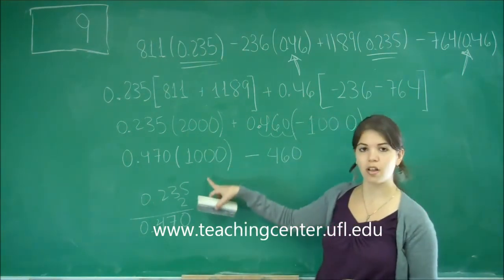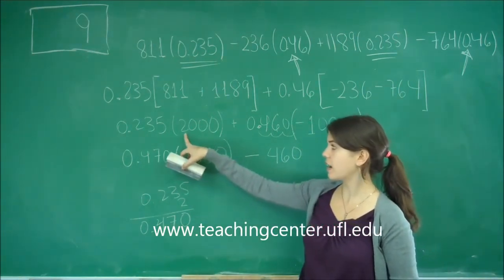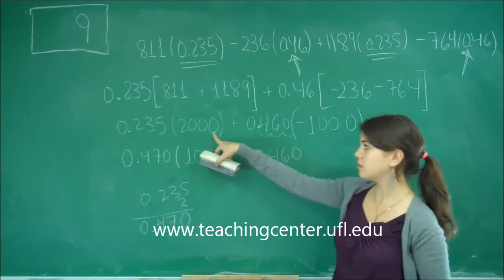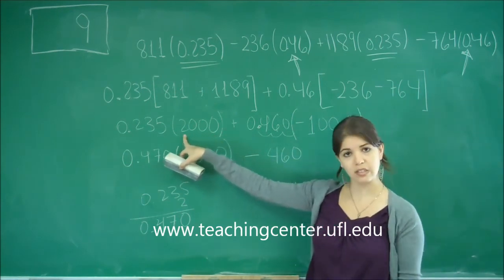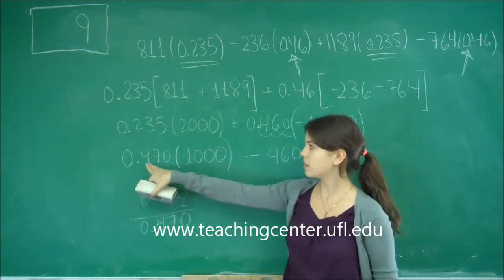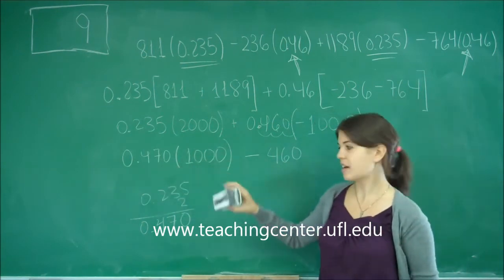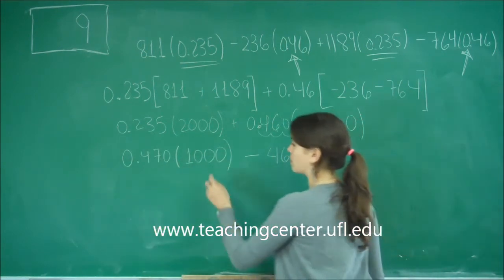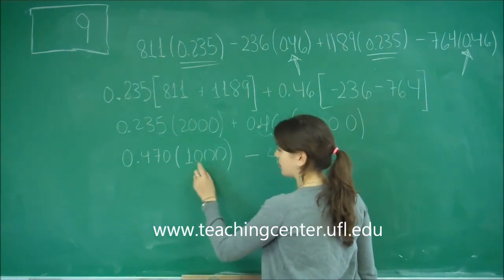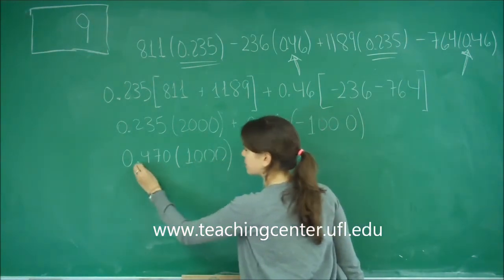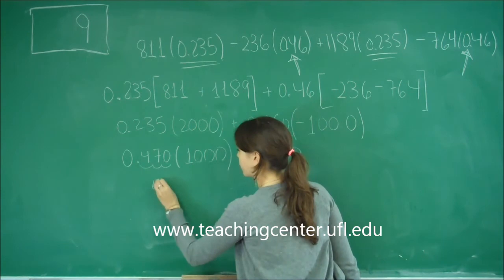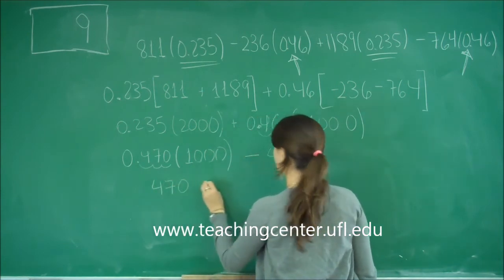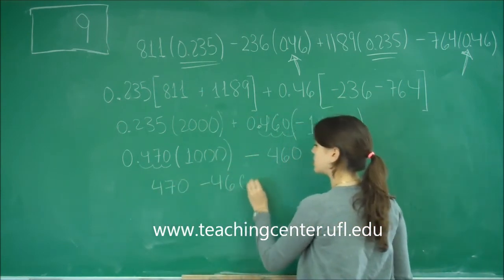So you follow here. What I did was put this into 2 parts, 1,000 times 2. So I multiplied this by 2, and then left 1,000, so that way I can move my decimal point pretty easily. So this means I move my decimal point 3 times. 1, 2, 3. So I get 470 minus 460.